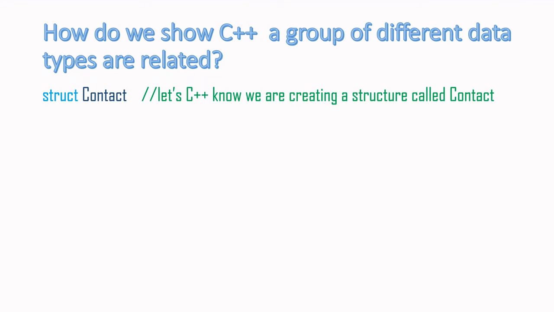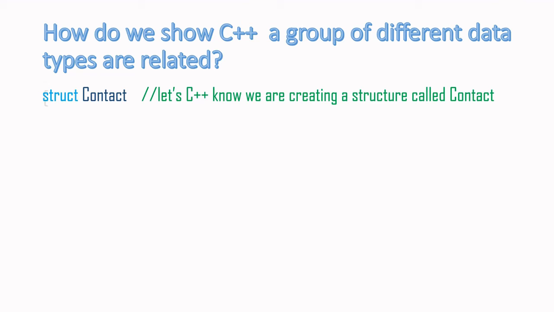Now, how do we show C++ that a group of different related data types, like the string, the long, and the other string, all this is related and it belongs to one contact? We do this using a structure. For us to create a structure, we'll put the keyword struct, then the structure name, which I have given here as contact.